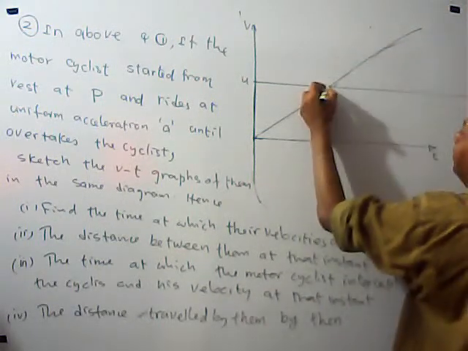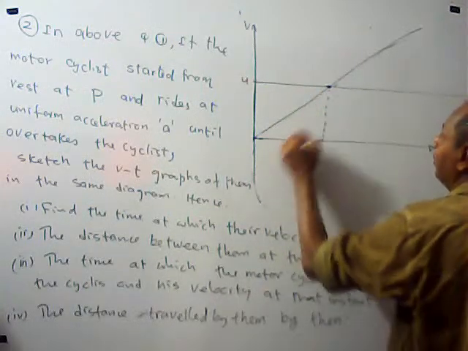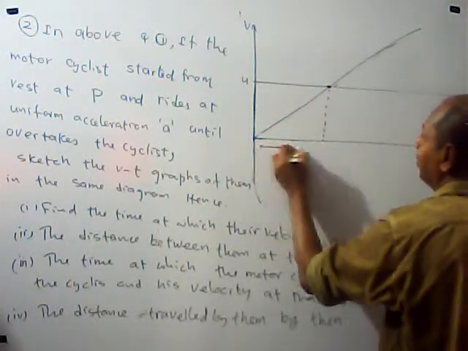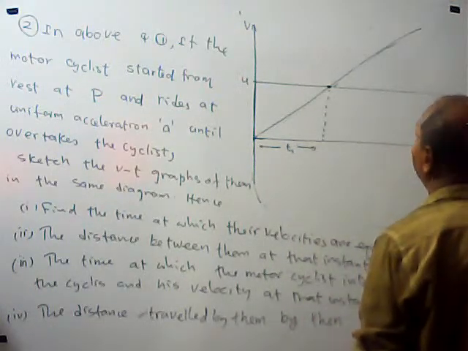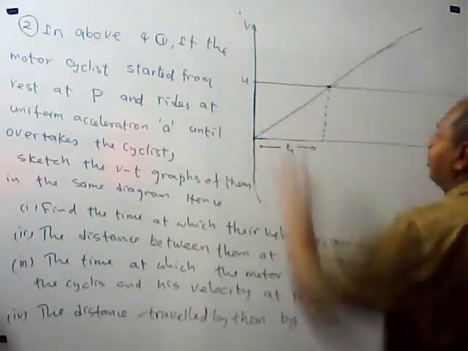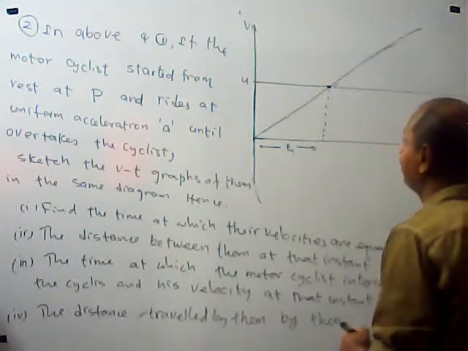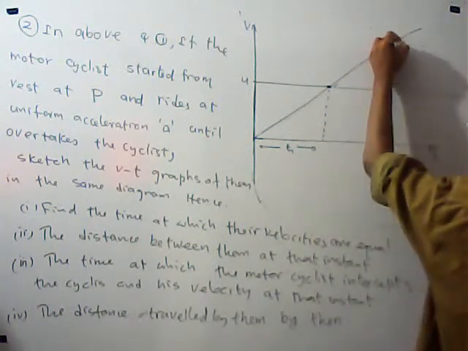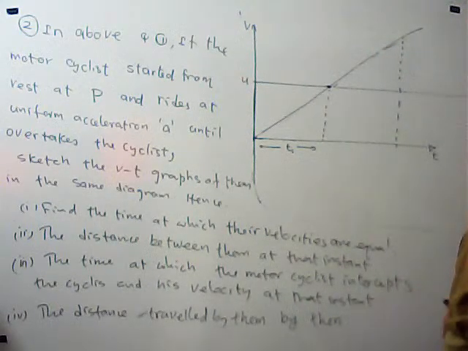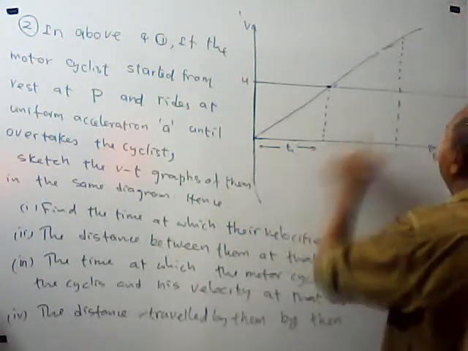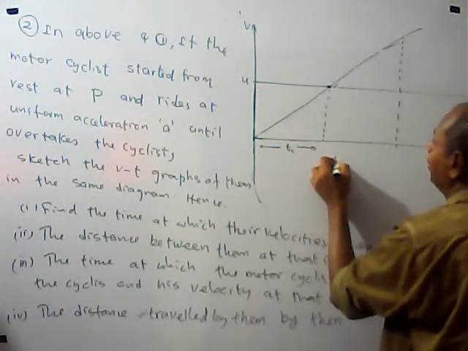So this is the instant where the velocities are equal, say after some time interval t1. The first part is about when the velocities are equal. The second part is about when they meet. Say they meet at some instant like this, after another time t2.